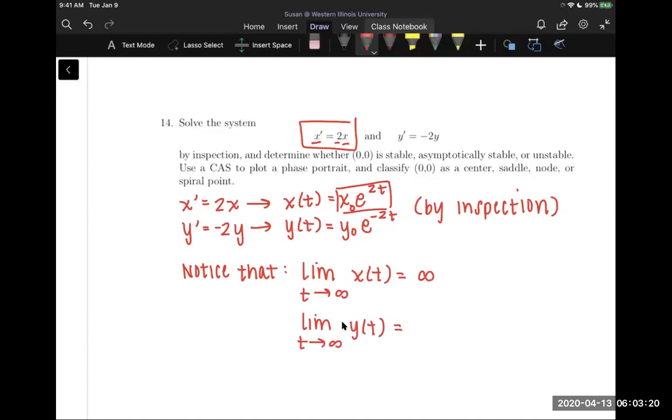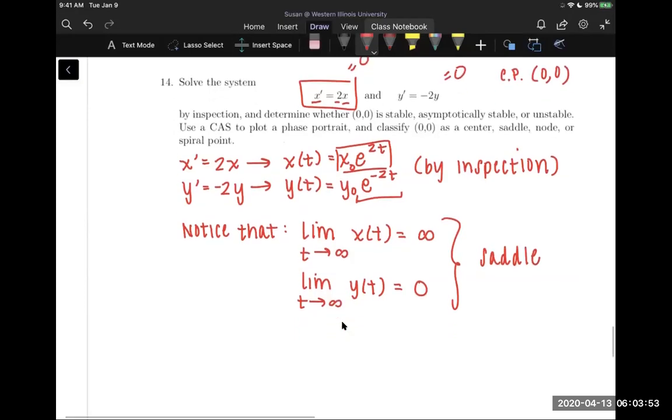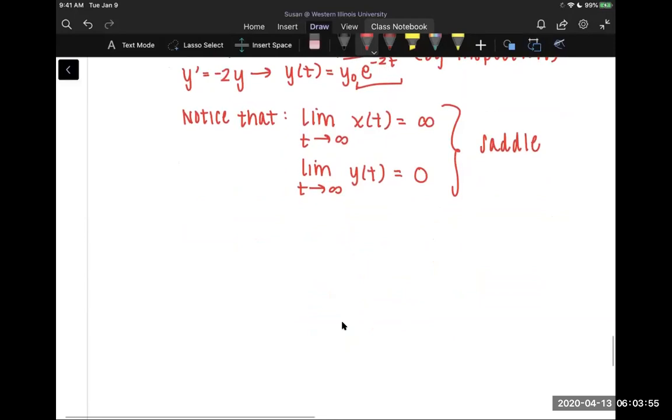Right, that one is tending to 0. So this exponential function dies out since it's e to the -2t. So along the x-axis, we're going out to infinity, and along the y-axis, we're approaching our critical point 0, 0. This is going to give us saddle-like behavior. And by the way, if you set each of these functions equal to 0, I think we can all agree that we only have one critical point here at 0, 0. So understanding this limiting behavior of x of t and y of t, we can now sketch it.